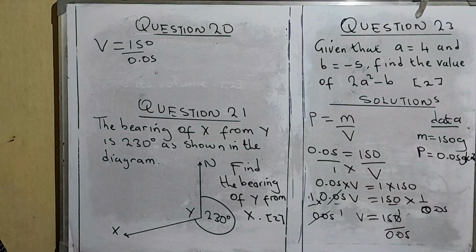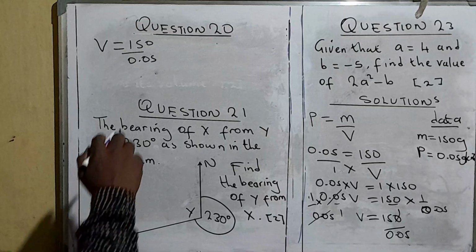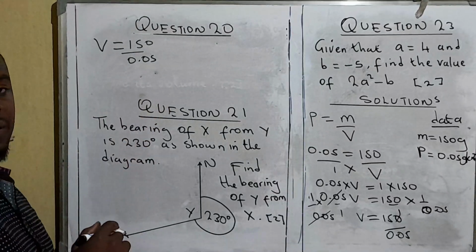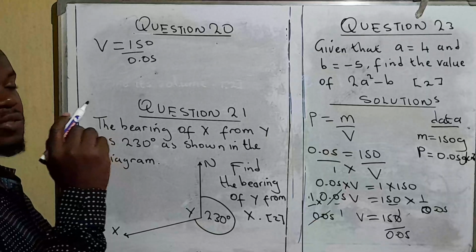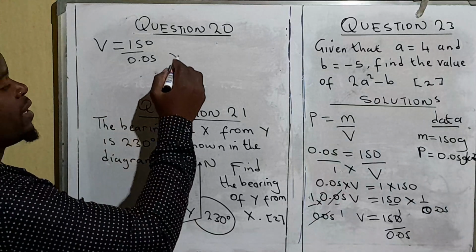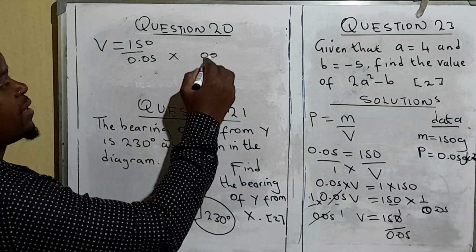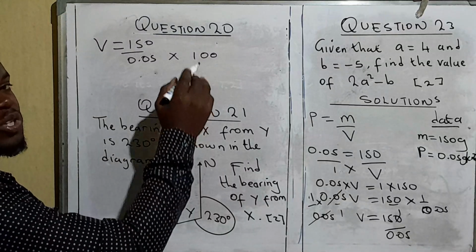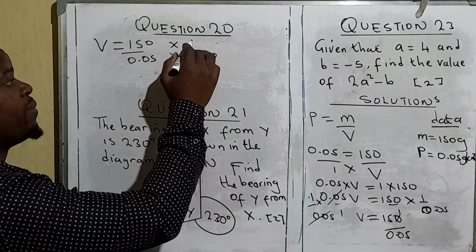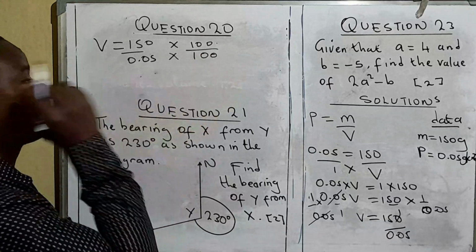What you do is this. Take note of the number of decimal places in the denominator. So we have 2 decimal places, so we are going to multiply by 2 zeros, right? Include the 1 here. What you do at the bottom is what you do on top. Multiply it by 100, right?